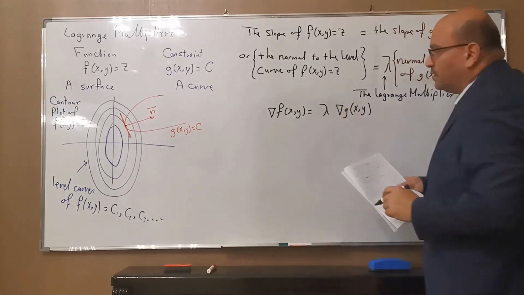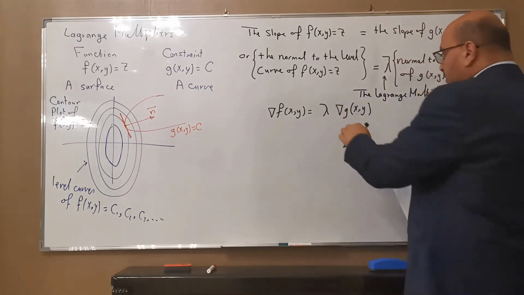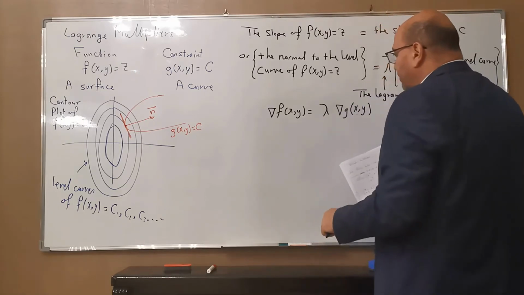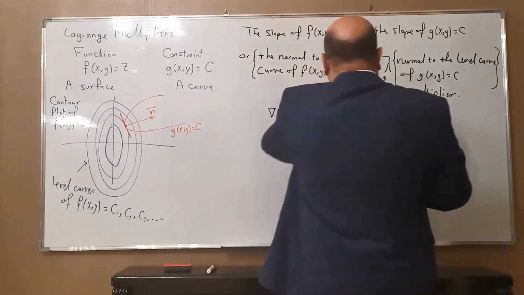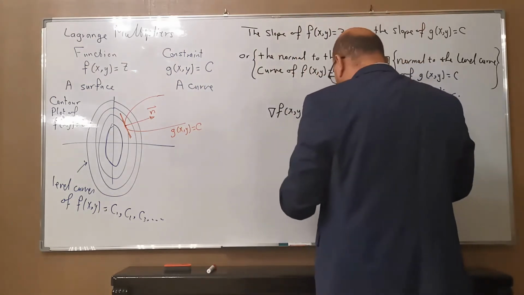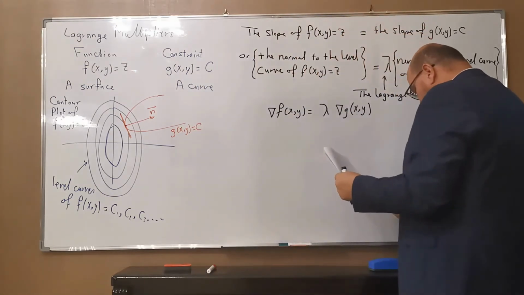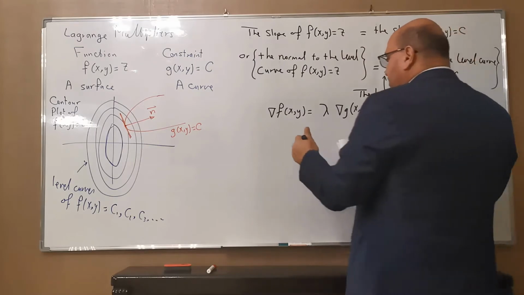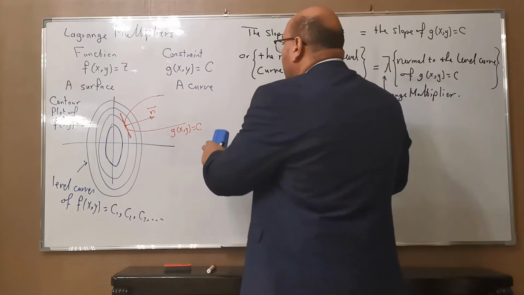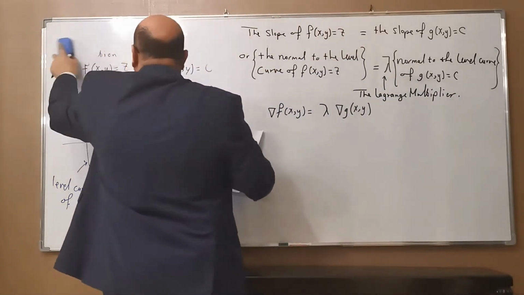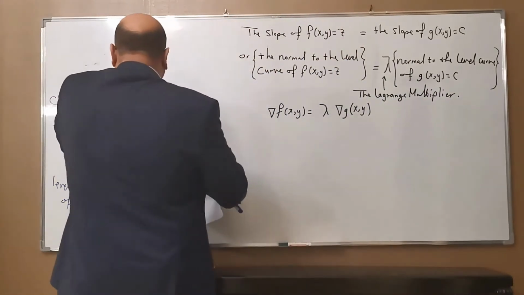Okay, so this is the end result, and here we have this lambda. If we have more than one constraint, then we will have more than one lambda. So we'll take two lambdas, and you'll see this in the next example. Let me just first take an example to demonstrate this idea of Lagrange multiplier.